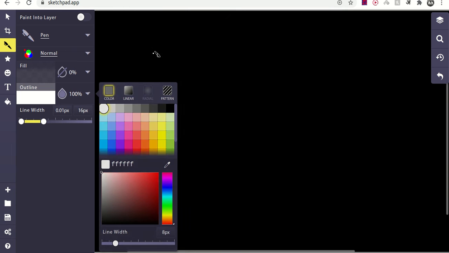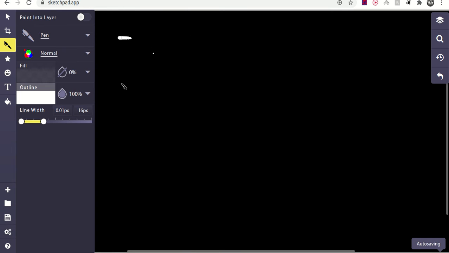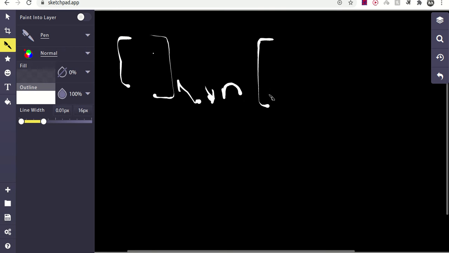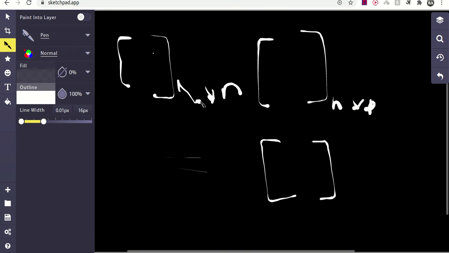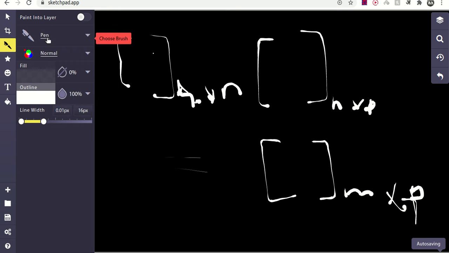We know about matrix multiplication: an m cross n matrix times an n cross p matrix equals a new matrix of m cross p. Sorry for the bad drawing, I don't have the pen. This is a matrix.